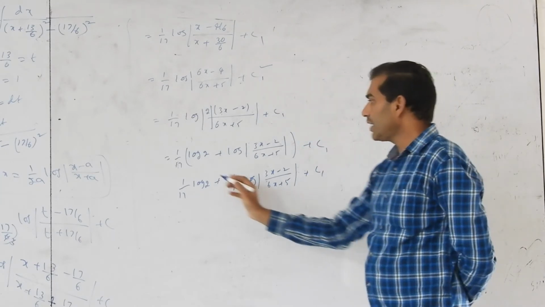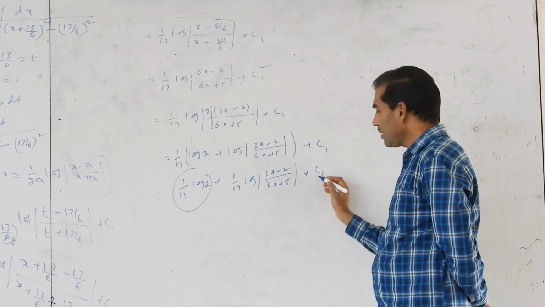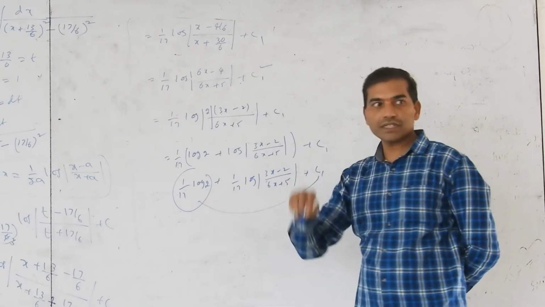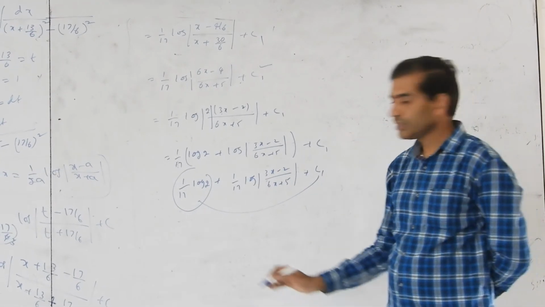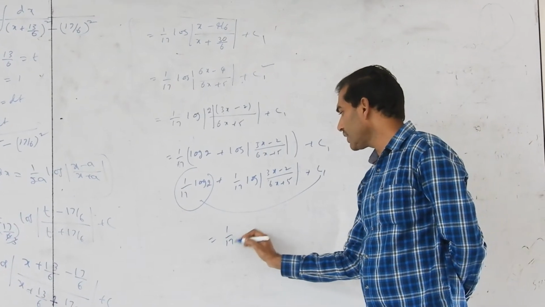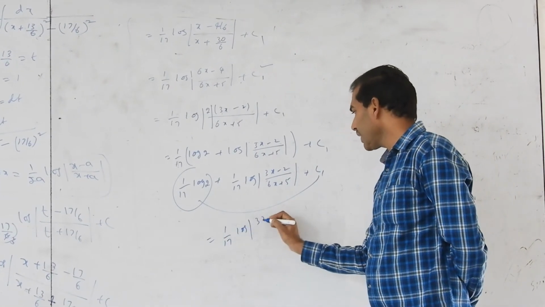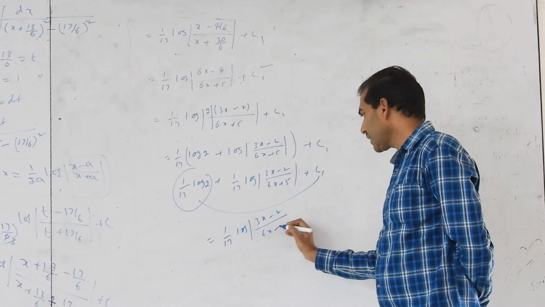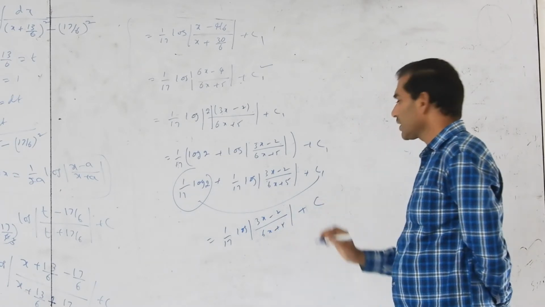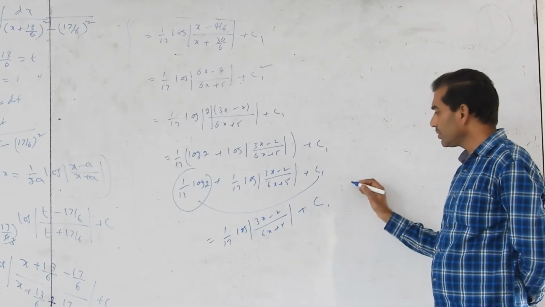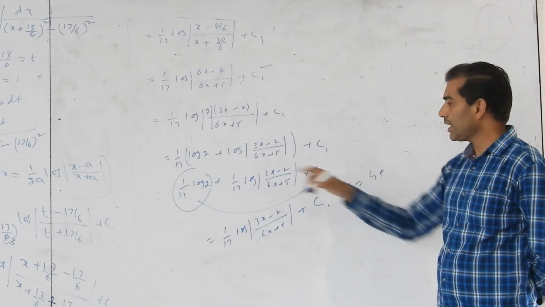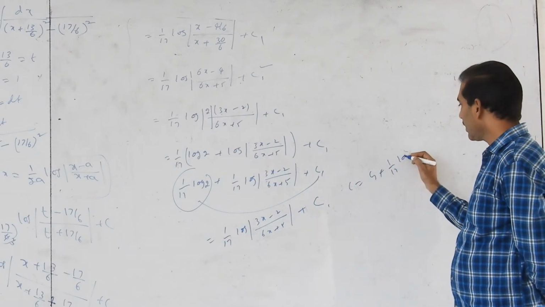Here C1 is a constant, and this other constant we consider together as another constant C. So 1 by 17 log of (3x minus 2) by (6x plus 5) plus C, where C is equal to C1 plus 1 by 17 log 2.